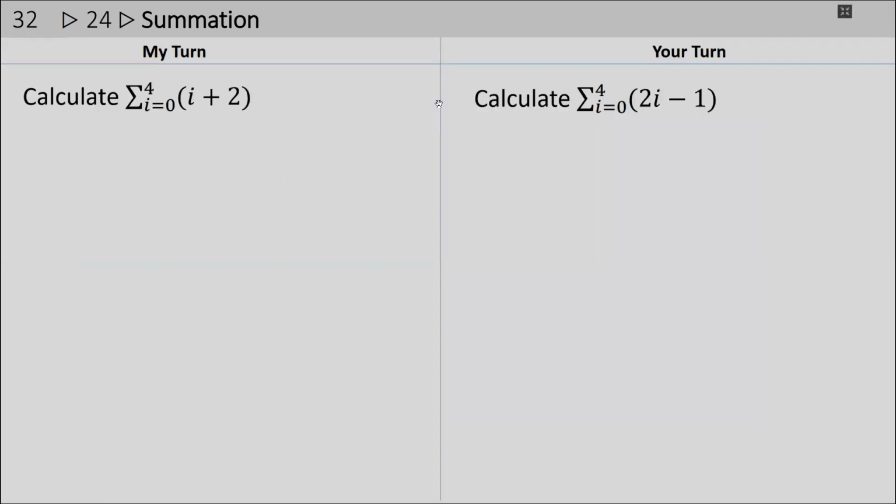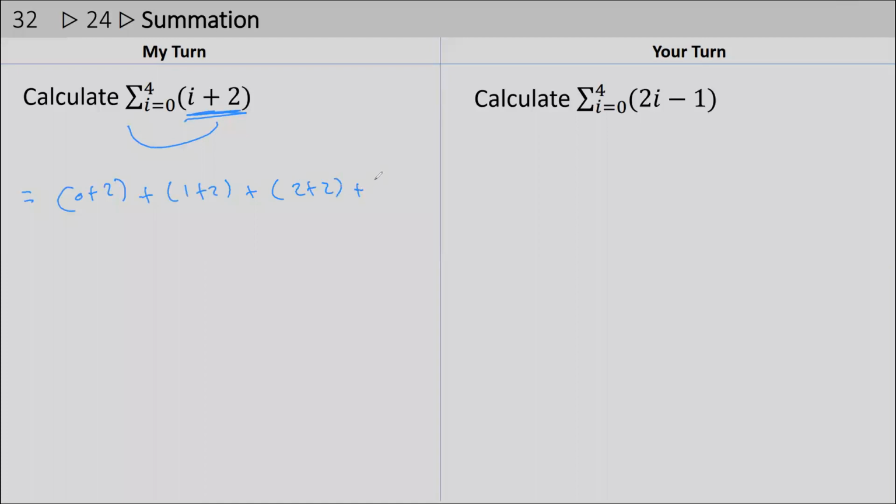Again, a summation for this. In the bracket, substitute with I is 0, 1, 2, 3, until it reaches 4. When I is 0, this is 0 plus 2. When I is 1, this is 1 plus 2. When I is 2, this is 2 plus 2.